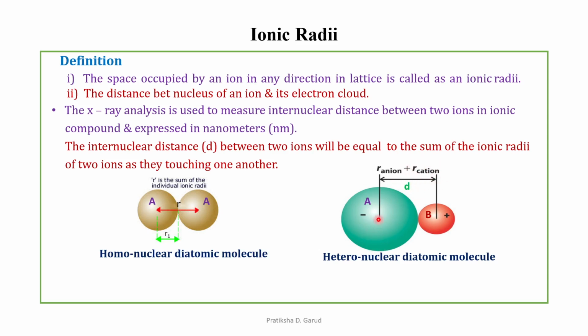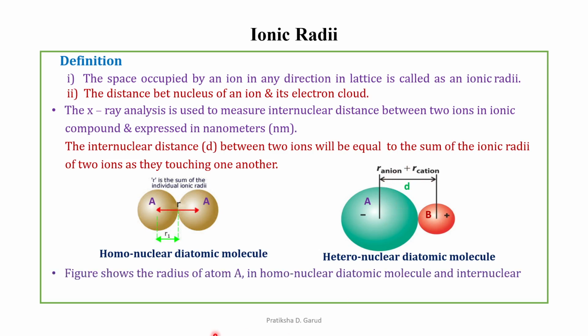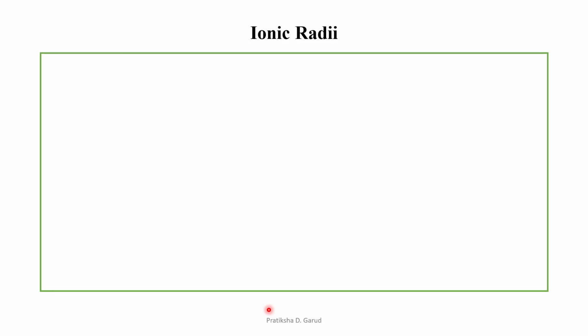The radius of anion is from the nucleus to the outermost electron cloud, and for the cation, nucleus to outermost cation, and the sum of these two ionic radii is called D, the internuclear distance, right? So the figure shows the radius of atom A in homonuclear diatomic molecules and the internuclear distance of molecule AB in heteronuclear diatomic molecules.